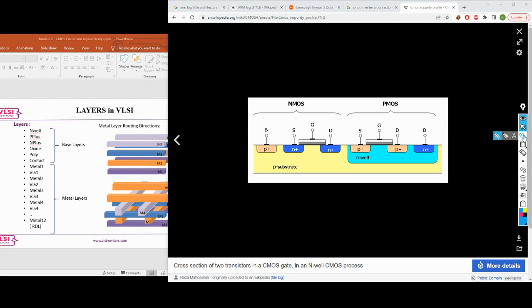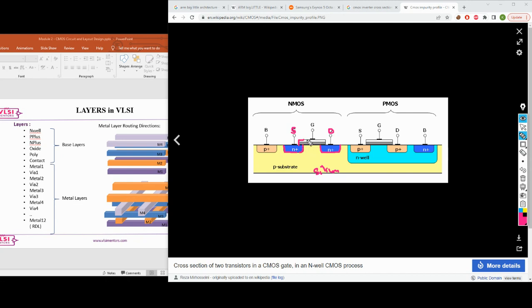Look at this. This is basically your silicon. The P substrate is basically your silicon. On the silicon you can directly go and manufacture an NMOS. So it's basically N plus. This kind of N plus impurity addition, and you make this a source and this a drain.